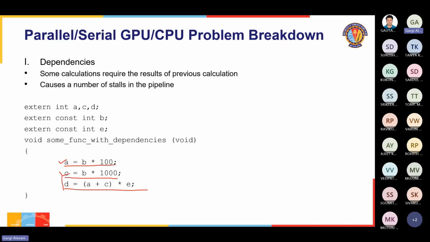But this instruction cannot be executed parallelly, right? Because this instruction is dependent on the first 2 instructions. So when there are dependencies, that is, if some calculations require the results of previous calculations, this can cause a number of stalls in the pipeline. Because unless you get the results of these 2, the pipeline, although filled with this instruction, cannot proceed, because it needs the results of the previous 2 instructions. So you will have to stall the pipeline.